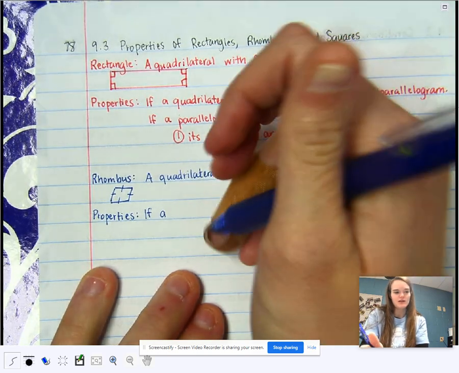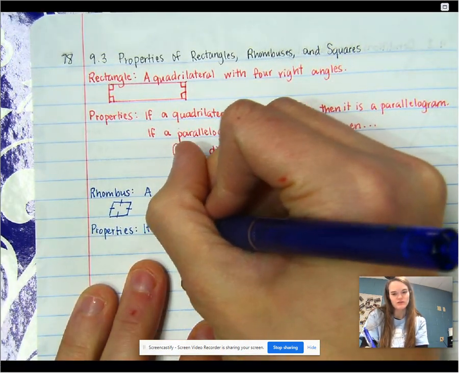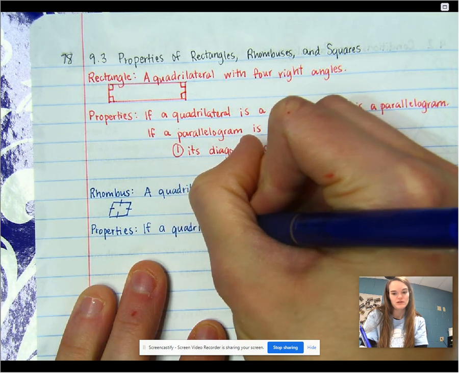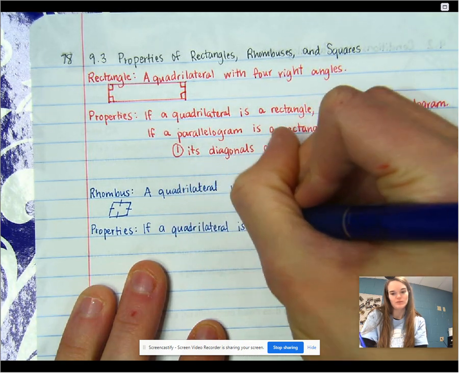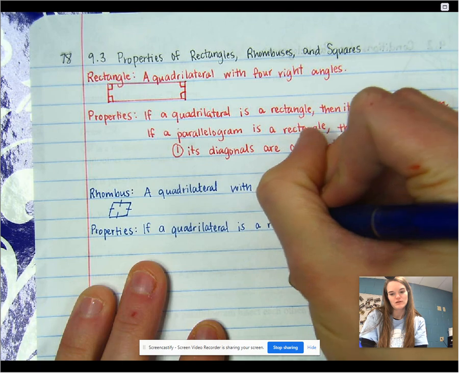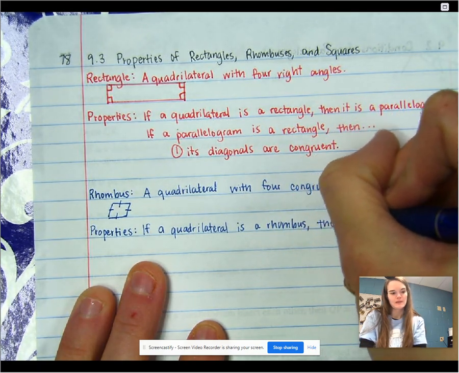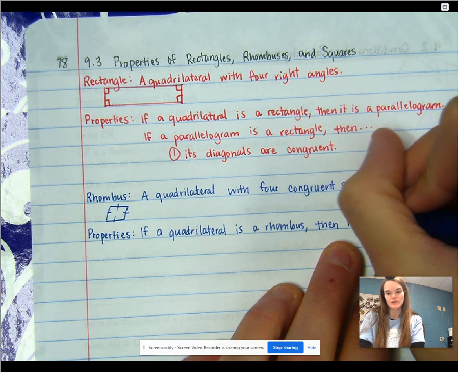All right, if a quadrilateral is a rhombus, then it is a parallelogram.